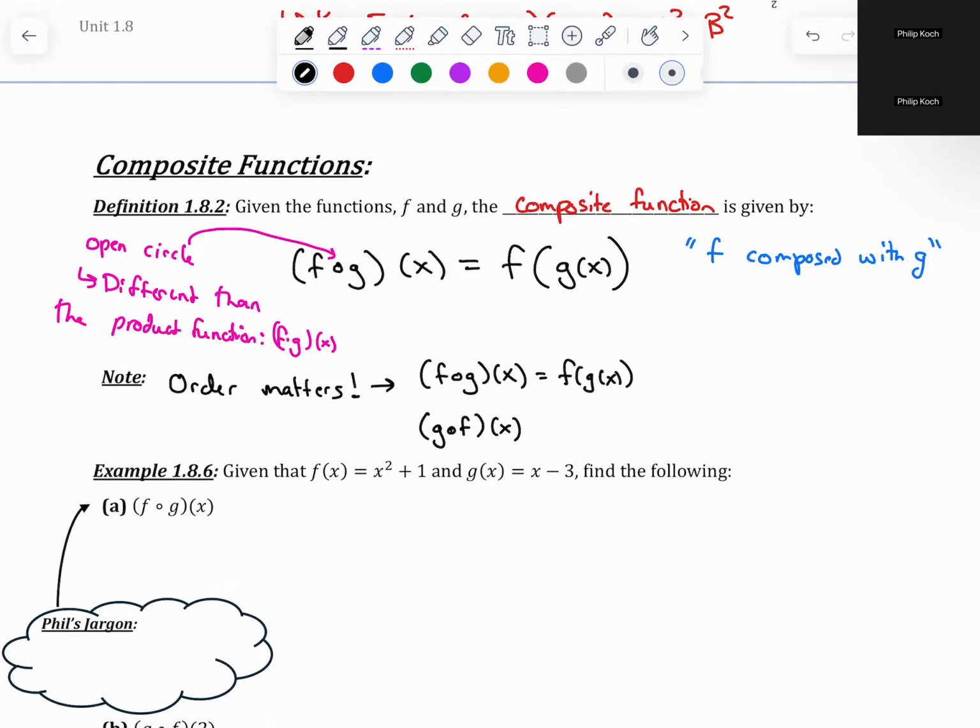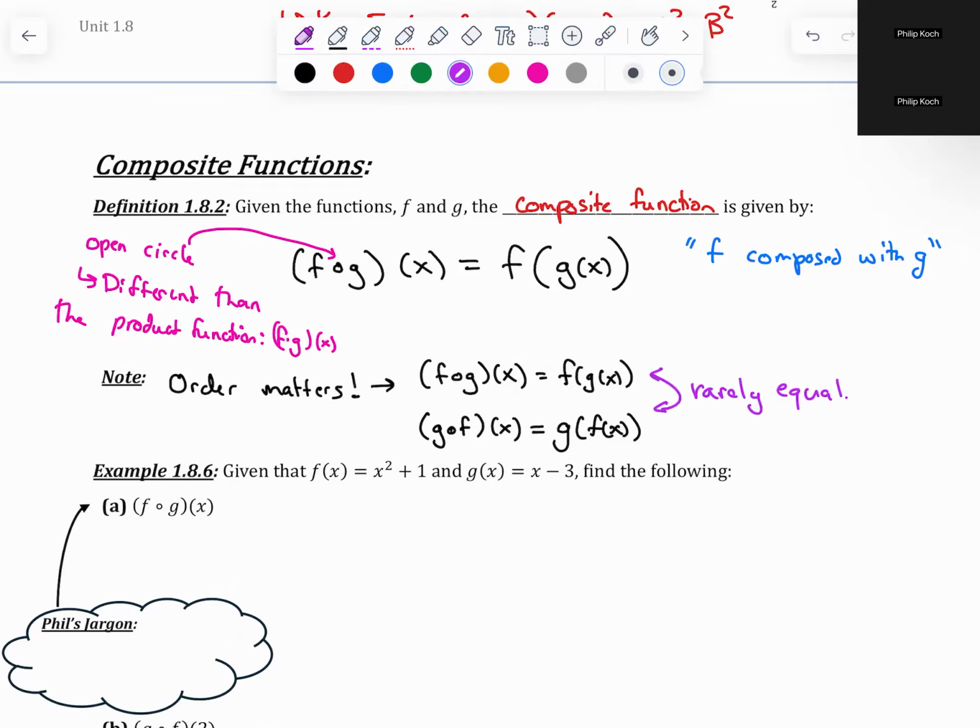So, anyways, this is g of f of x by definition. These are rarely equal. So we've just learned another operation that is not commutative. This is very, very important in mathematics. Not all operations are commutative.